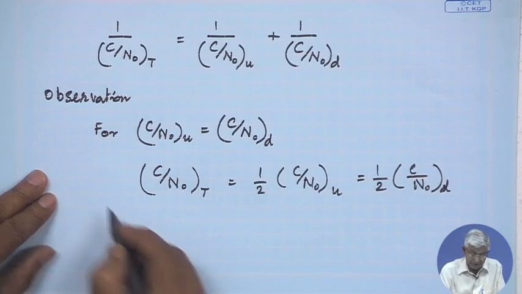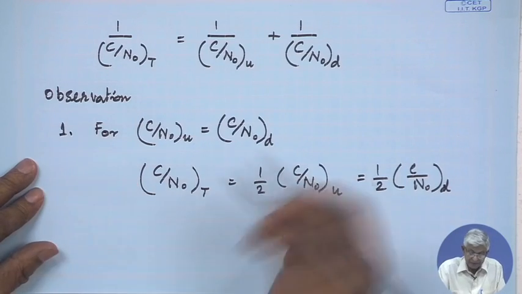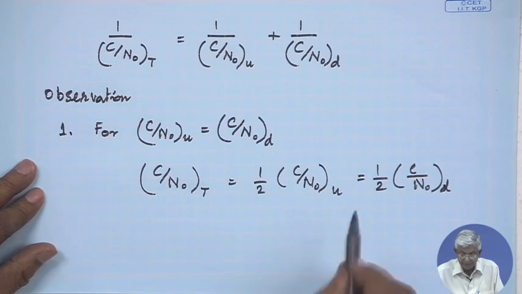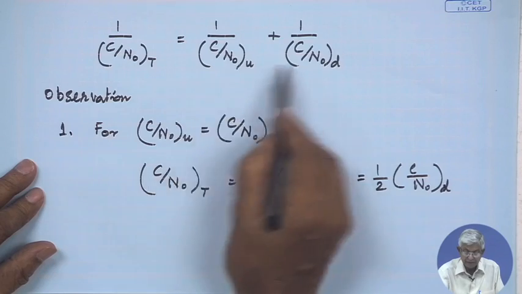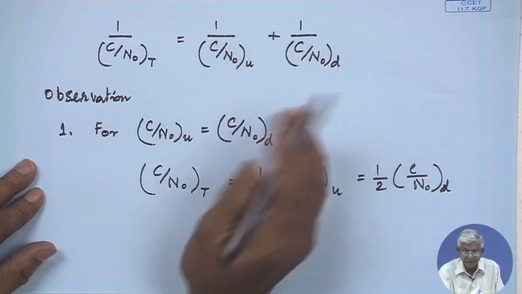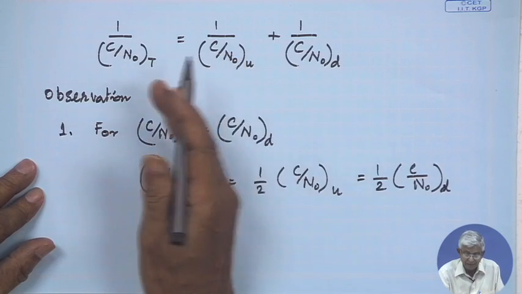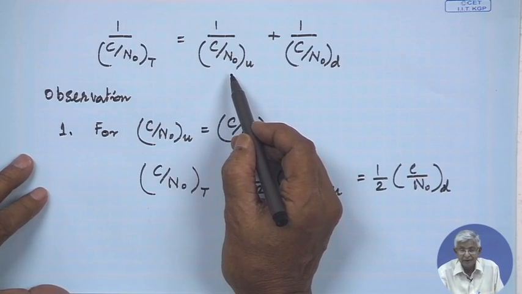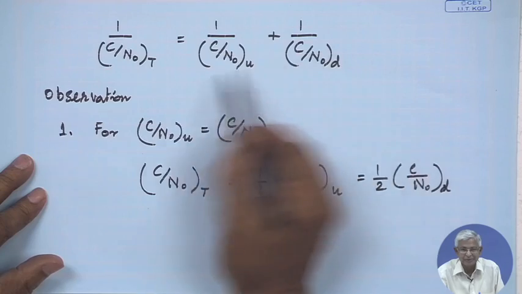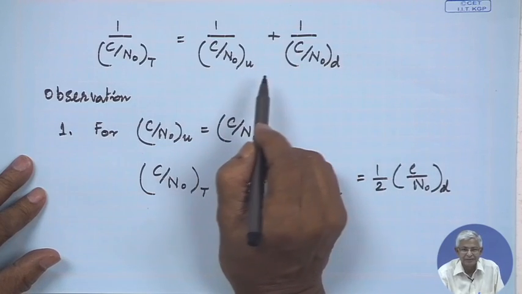So, that is one of the observations. In dB terms, it is 3 dB down from that, since both of them are equal. So, it will be lower than, it is half of, C by N0 up and C by N0 down, whichever you take when both are equal.